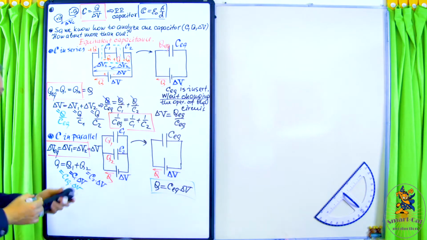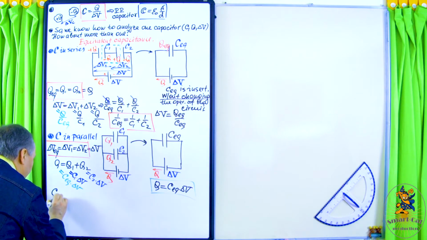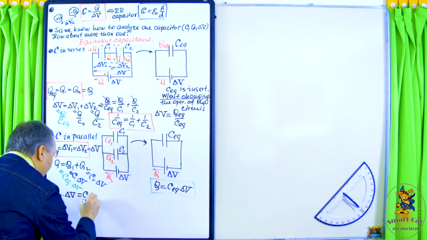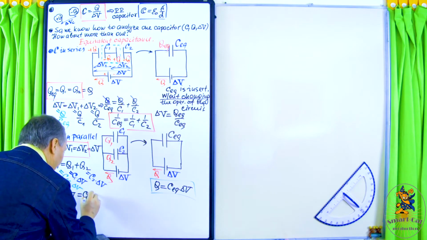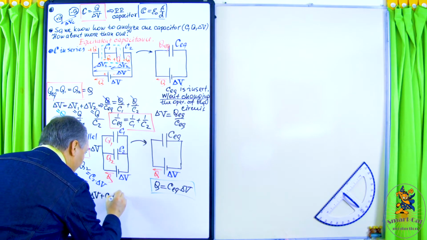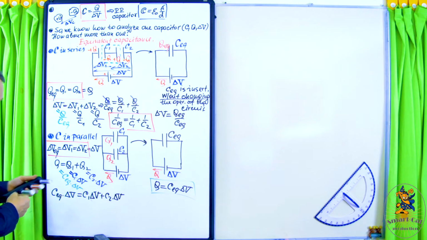Okay, so now let me rewrite it in terms of these replacements. Of course, it will be C equivalent times delta V equals C1 times delta V plus C2 times delta V. Where you see immediately we use the fact that all the potential differences are the same.